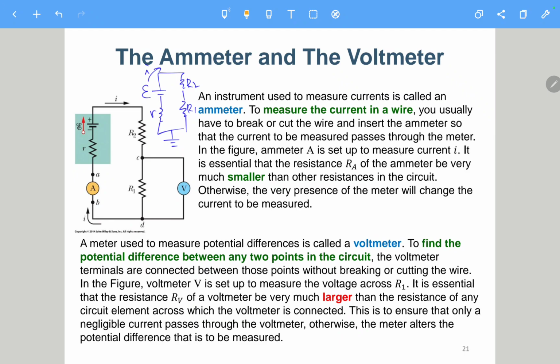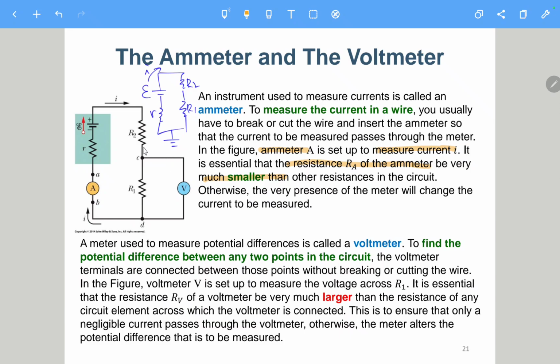So here we use the ammeter to measure the current I. It is essential that the resistance RA, the intrinsic resistance of the ammeter, should be much smaller than the other resistances.